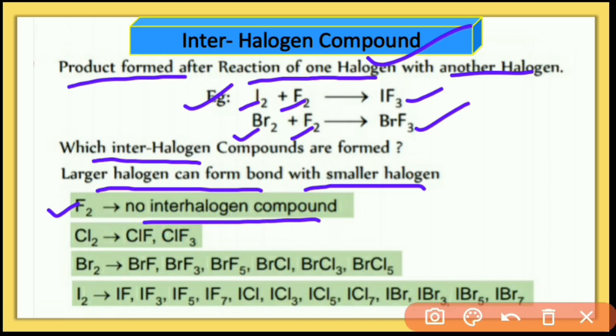Next, chlorine forms ClF and ClF3 interhalogen compounds. Bromine forms BrF, BrF3, BrF5, BrCl, BrCl3 and BrCl5 type interhalogen compounds. And iodine forms the maximum number of interhalogen compounds.